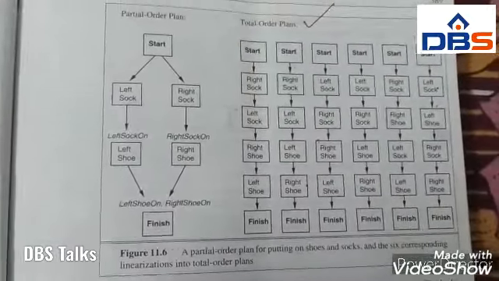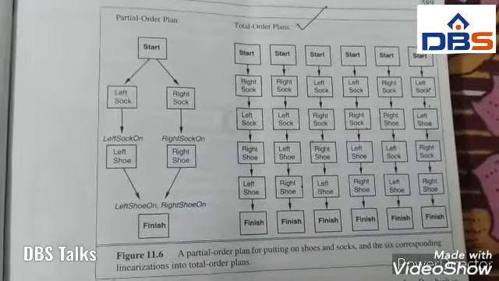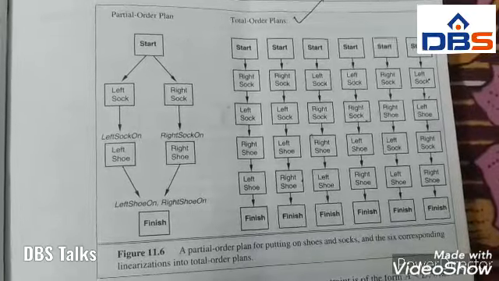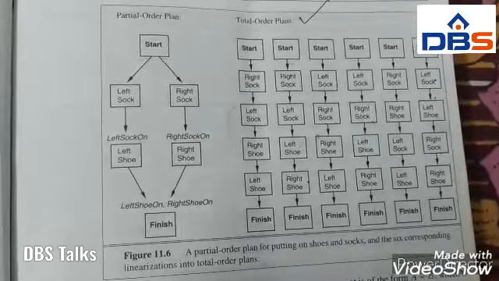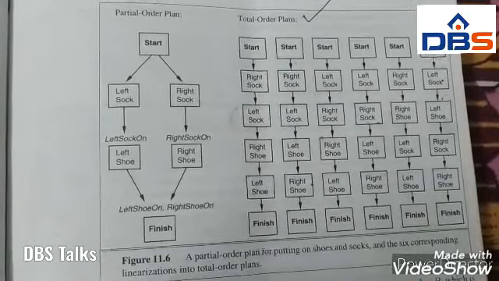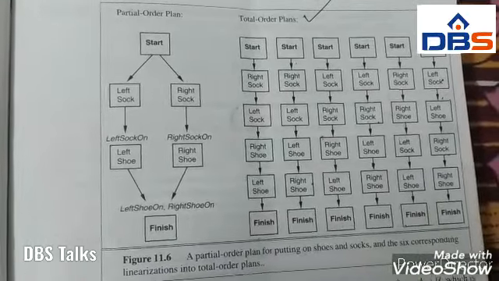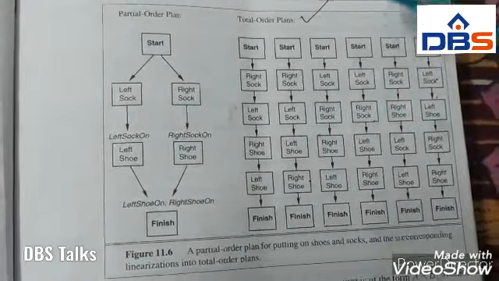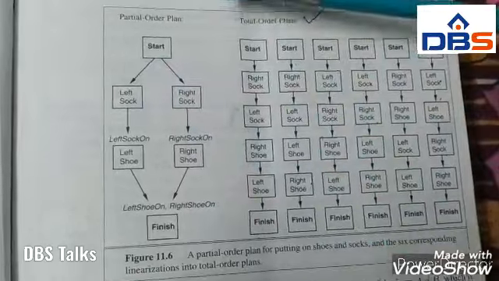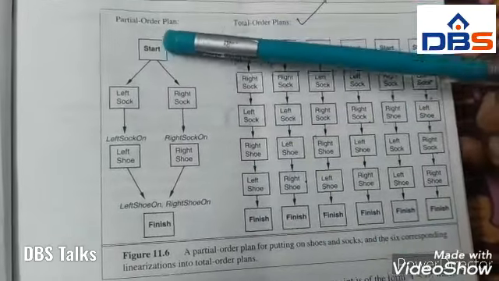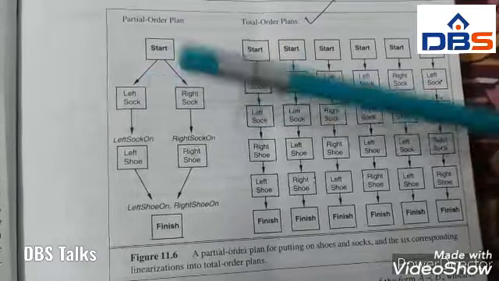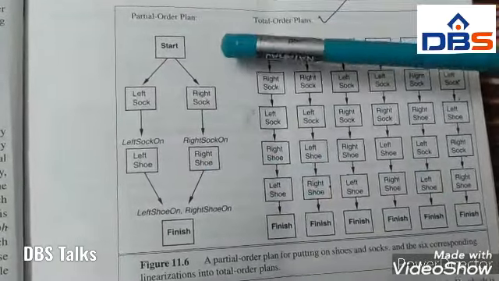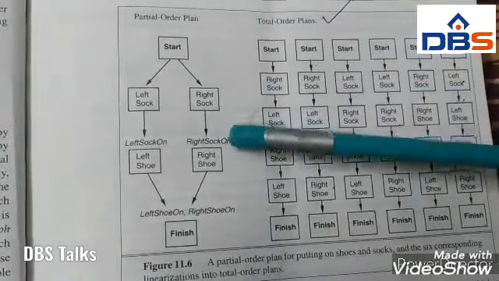Finally, what does partial order planning mean? It specifies two actions in the plan without specifying the order. This is called partial order planning. Here the example shows a partial order plan. In that one, start, left sock and then left shoe. The other order is right sock and then right shoe.